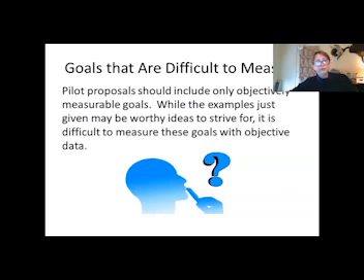So we're going to be really interested in, if you choose these kind of goals, what kind of objective data you're going to collect to support whether or not they're successful. Customer surveys may be an option, but again, customer surveys tend to be very subjective, and it's hard to objectively measure that.